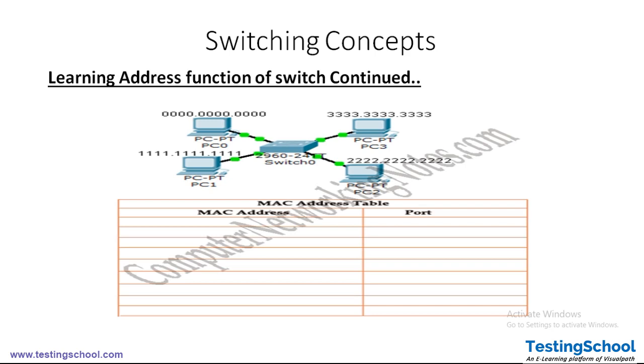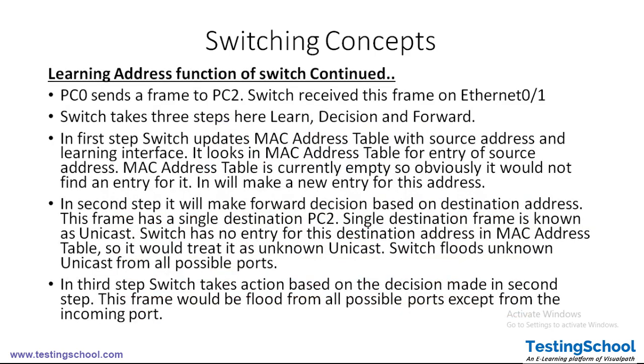Whatever it has received, the switch takes 3 steps here: learn, decision and forward. In the first step, the switch updates the MAC address table with the source address and learning interface. So first of all it will perform learning.